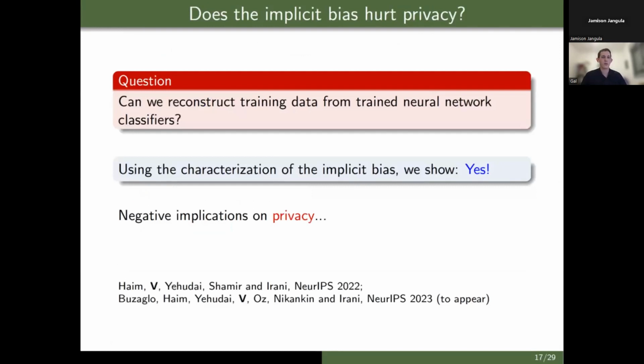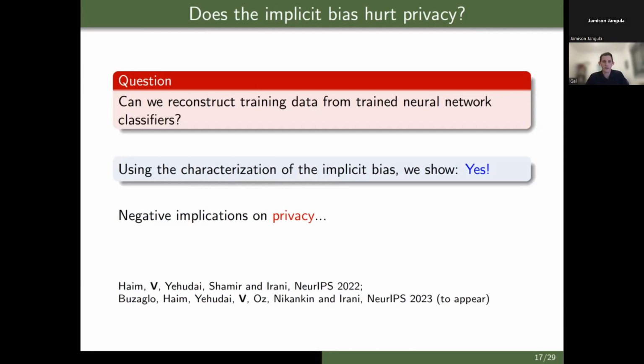And we will consider the question of whether we can reconstruct training data from the parameters of a trained neural network. We are given a trained network, and we want to reconstruct training data that was used for training this network. And the question is whether it is possible to do such a thing.